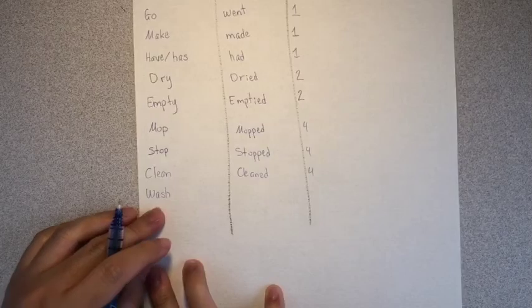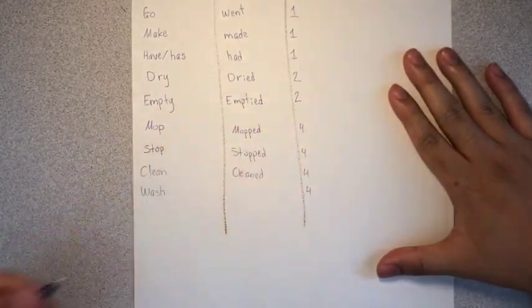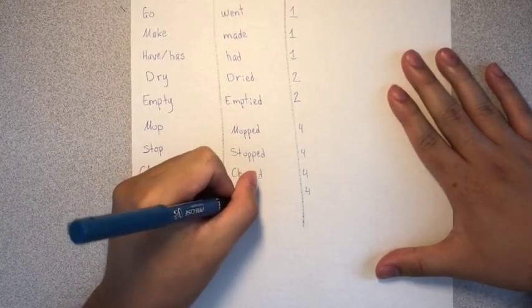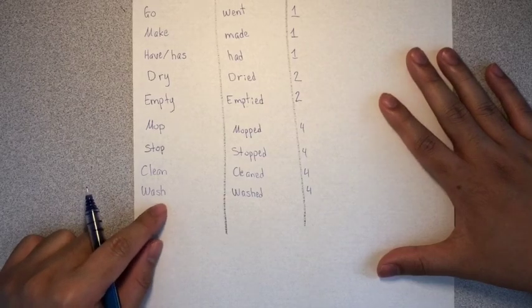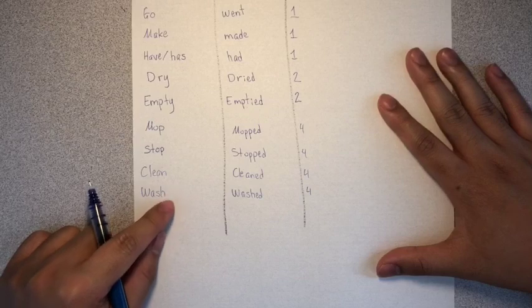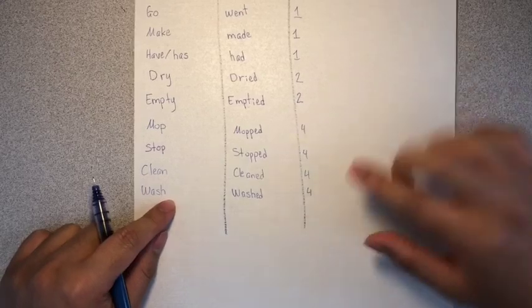We learned the word wash. Wash follows rule 4. We say washed. Because is wash irregular? No. Does wash end with the letter Y? No. Does wash end with the letter E? No. So it's rule 4.